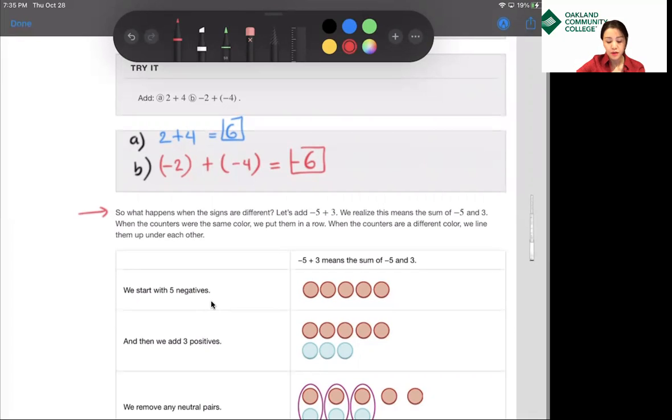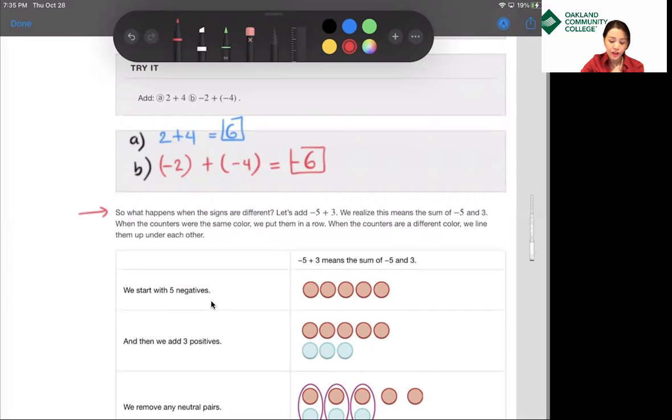So that means the sum of 5 and -3 is 2. So here is a little conclusion. If you have more negatives, then the sum is negative. If you have more positives, then the sum is positive.